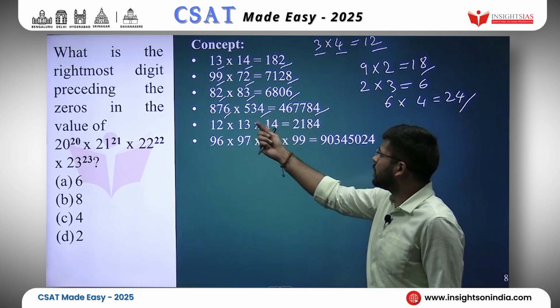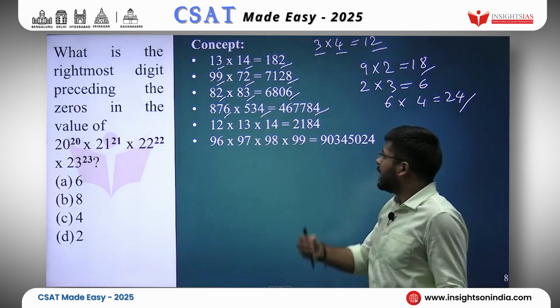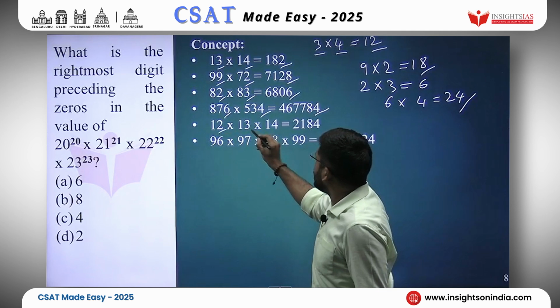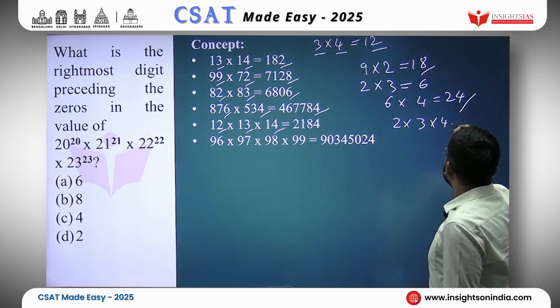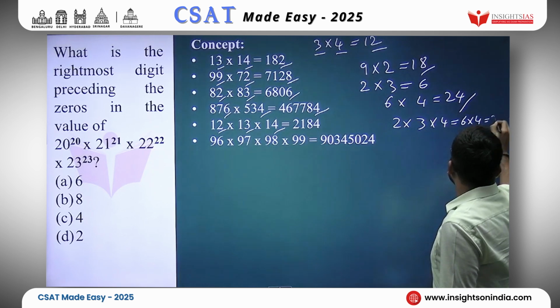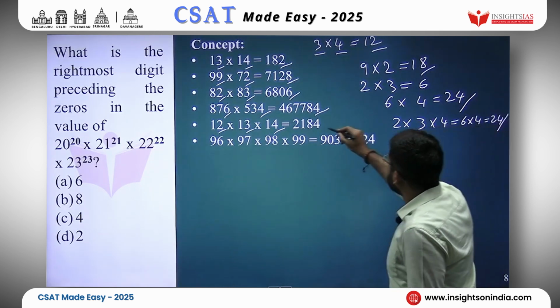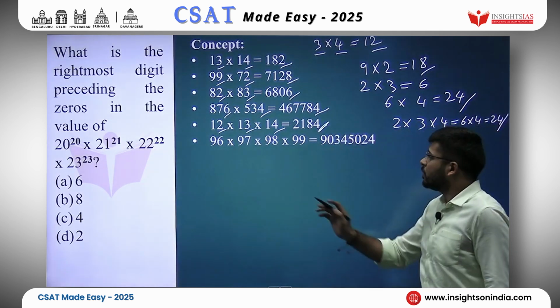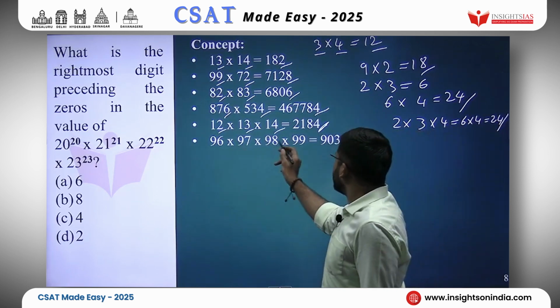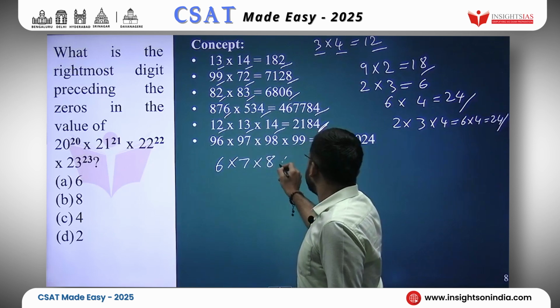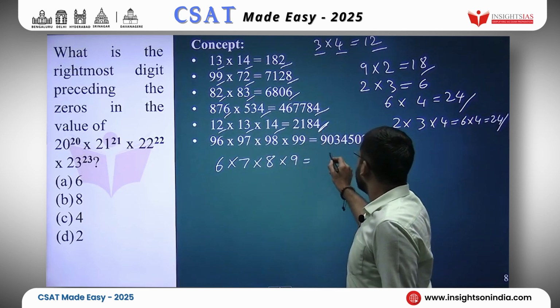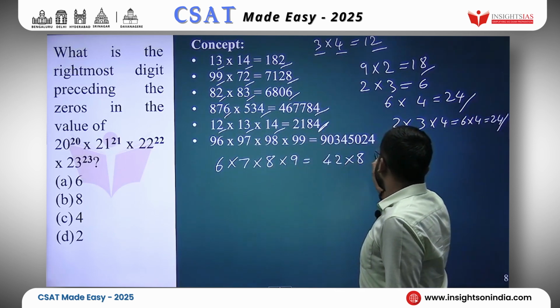It is not applicable just for two numbers, it is applicable for any number of numbers. 2 into 3 into 4 would be 6 into 4, which would be 24. The last digit is 4. 96 into 97 into 98 into 99, 6 into 7 into 8 into 9, that would be 42 into 8 into 9.